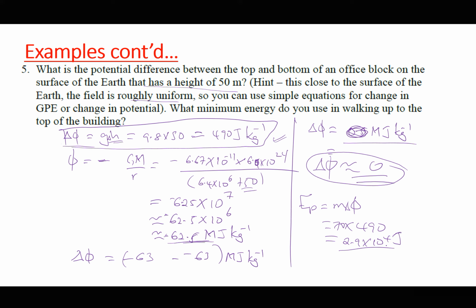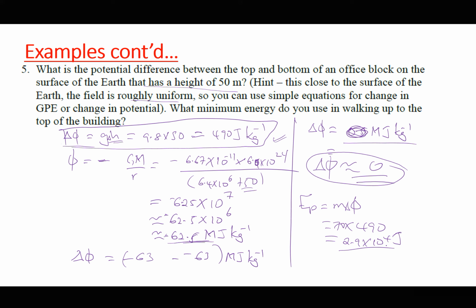I want you to know that you may actually need more energy than 2.9 times 10 power 4 joules to climb up to the top of the building, because your body may not be efficient and your body may warm up as you are climbing the stairs. That means you may need more energy.